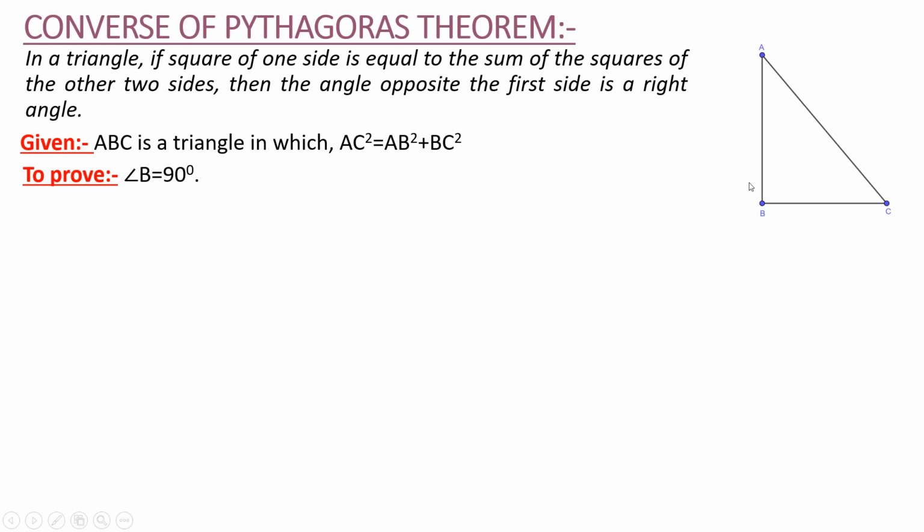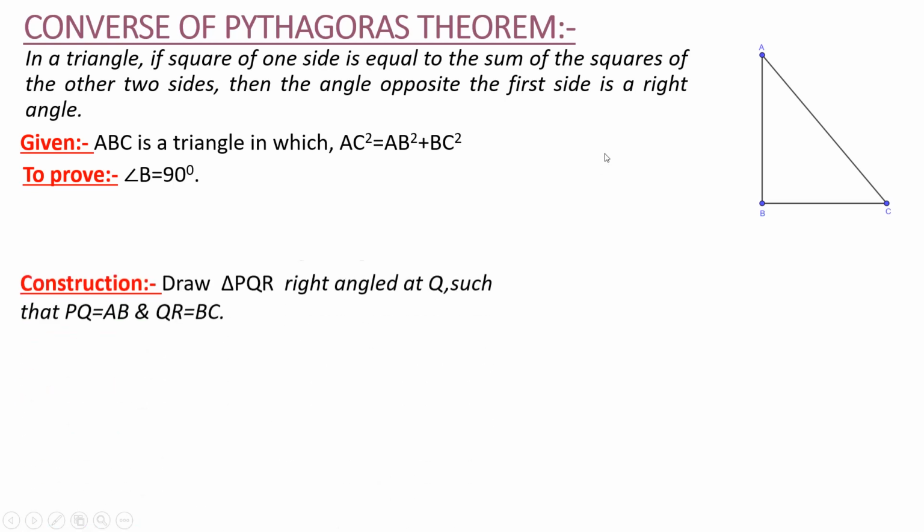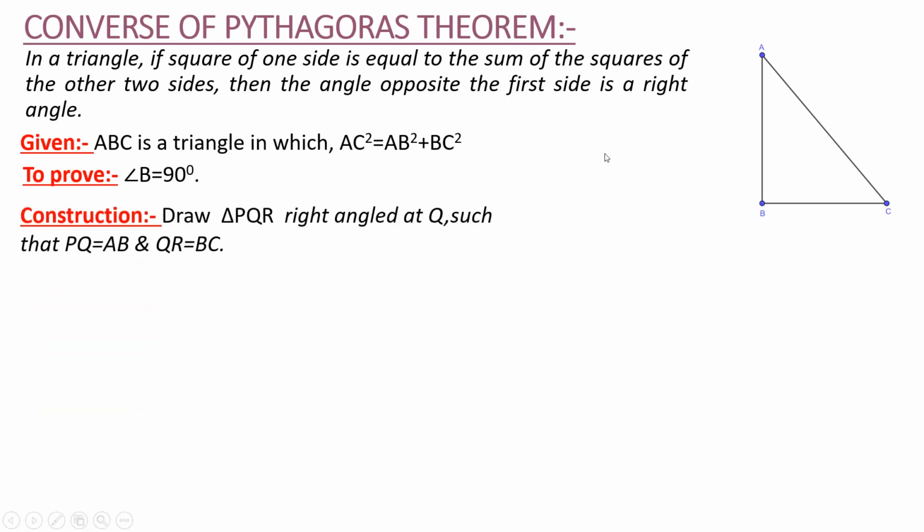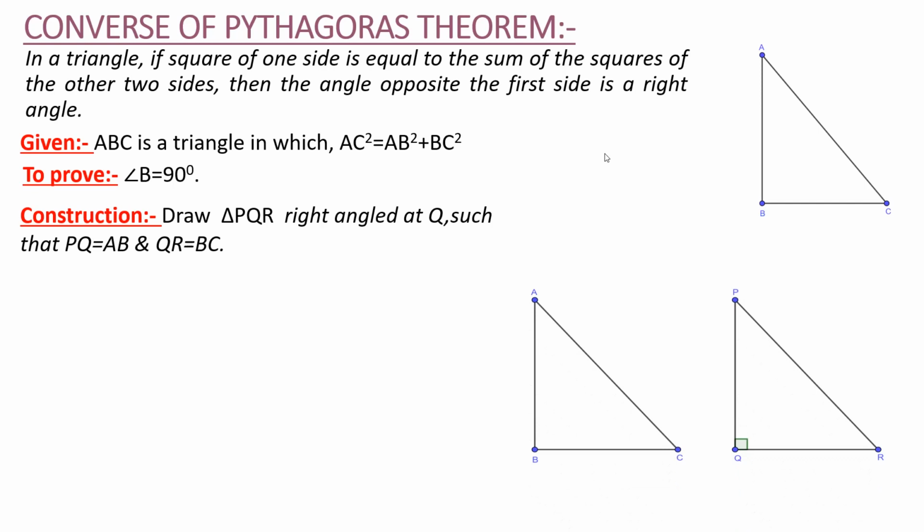To prove this theorem, we have to make some constructions. Let us construct another triangle, namely PQR. To construct this triangle PQR, we are having some conditions. Those conditions are as follows.